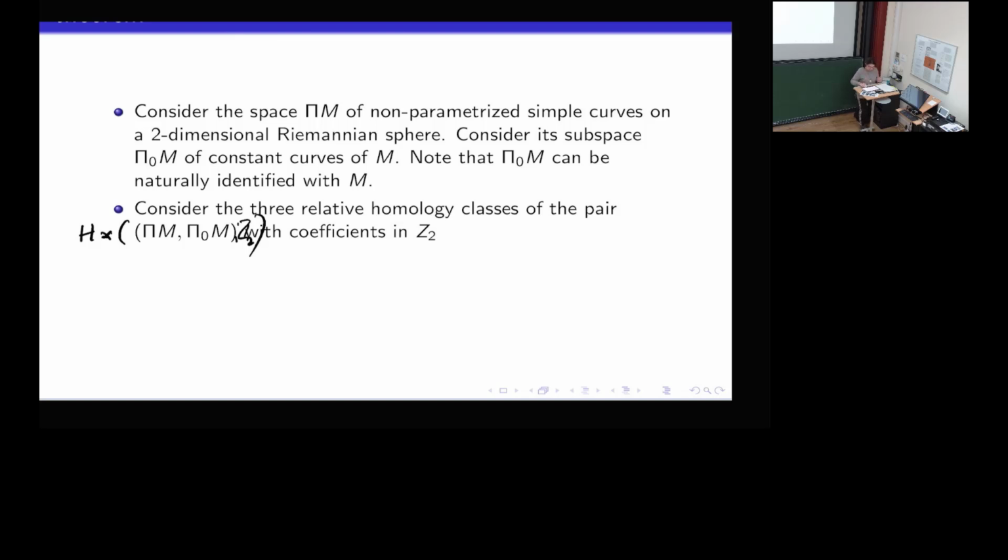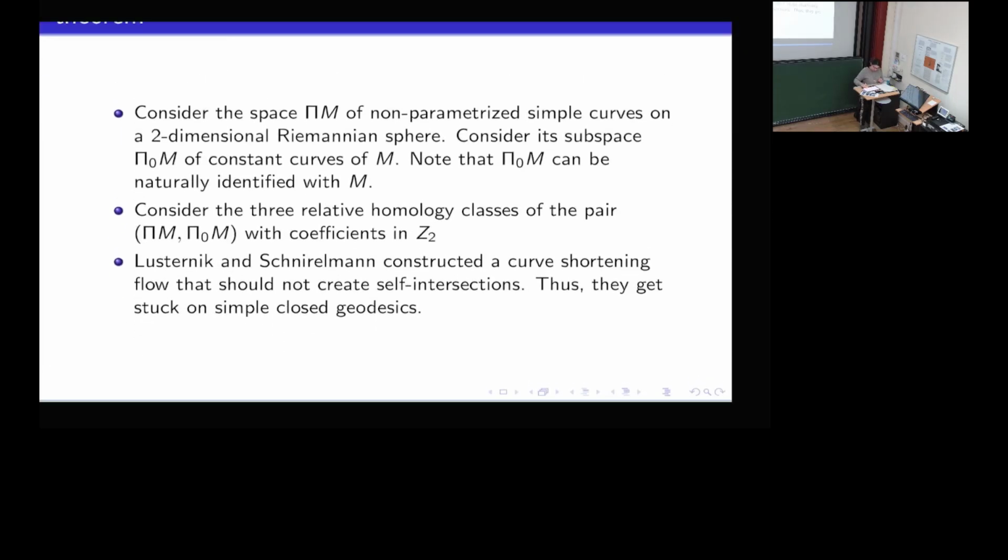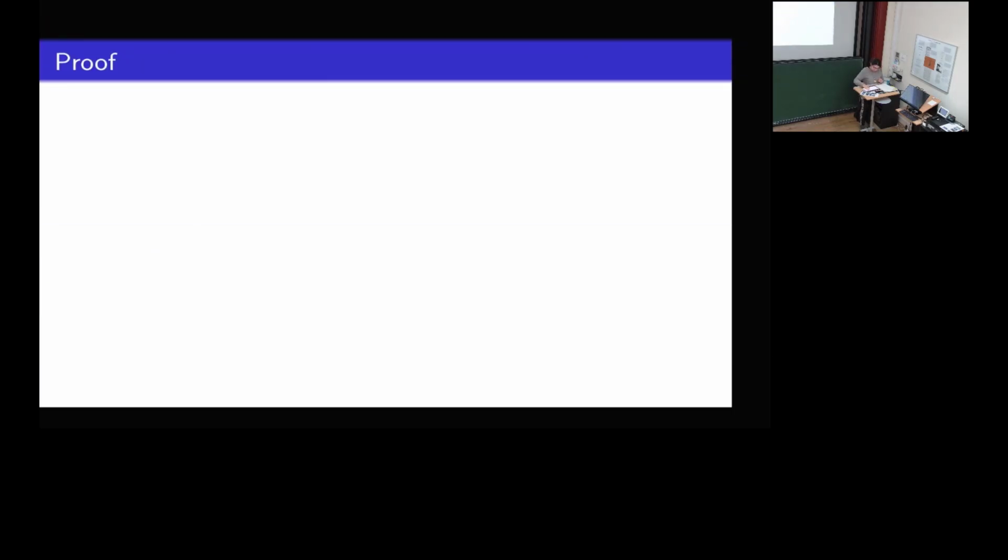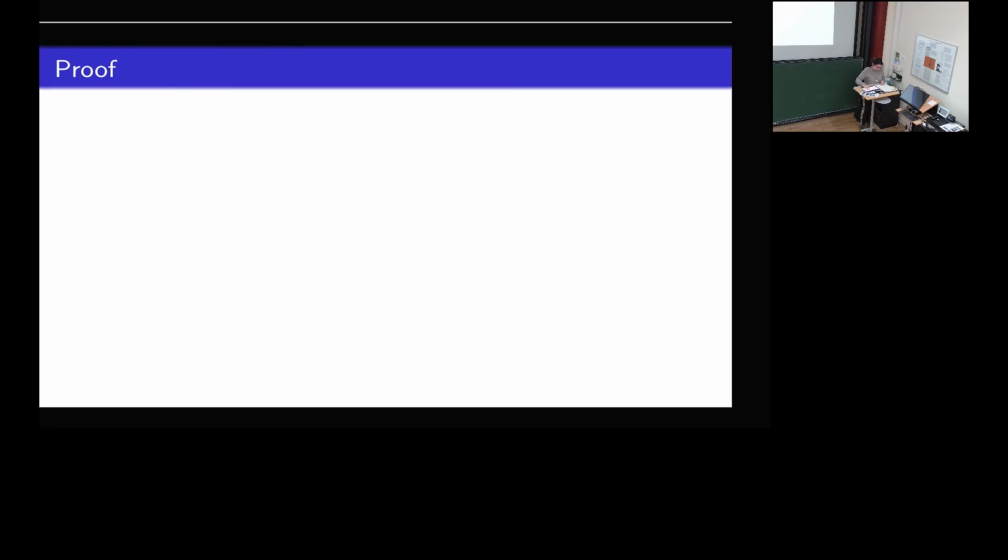So let's say we are on a round sphere. Then one class, let me call it Z1, I'm going to describe its representative.